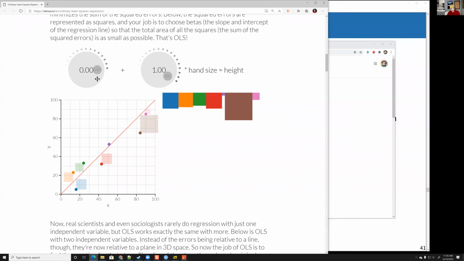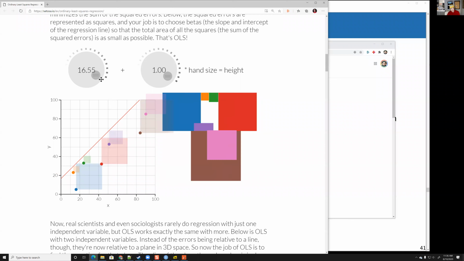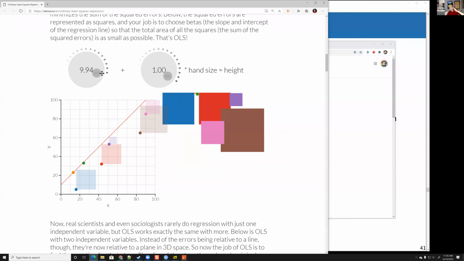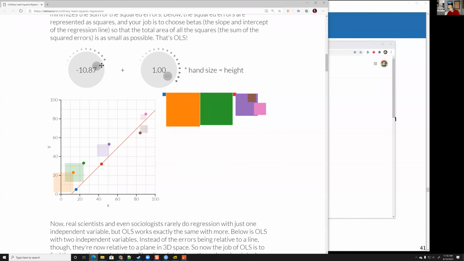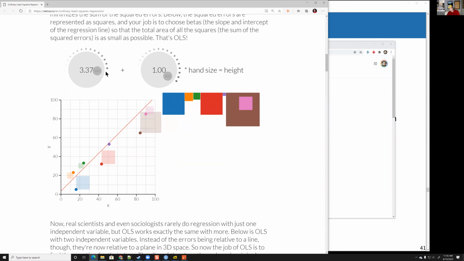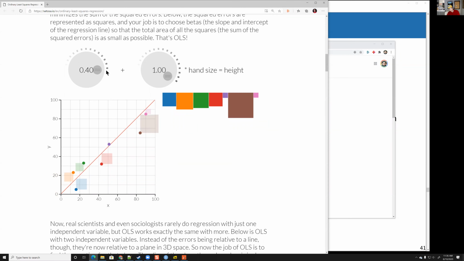And on this thing, I can adjust what the intercept is. Adjusting the intercept will slide the line up and down. So I can put this line right here, and it runs straight through this purple dot.